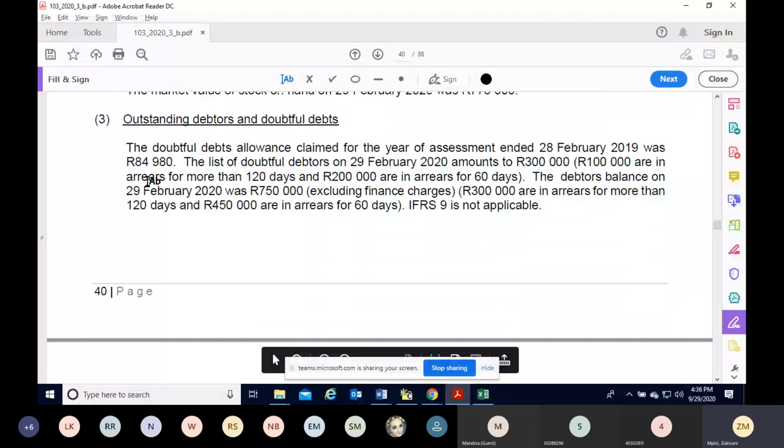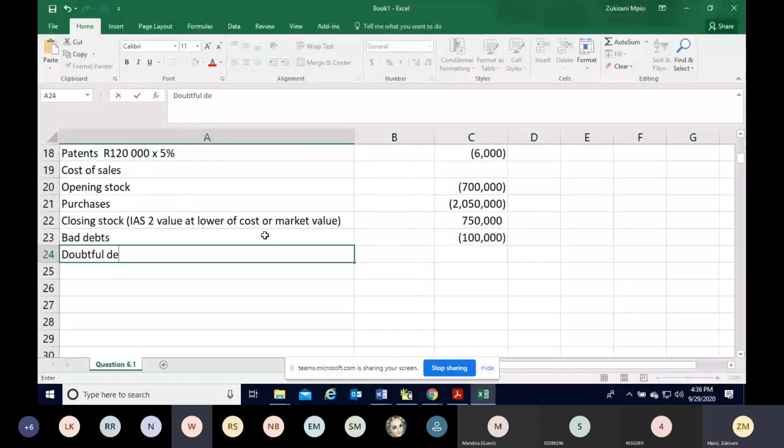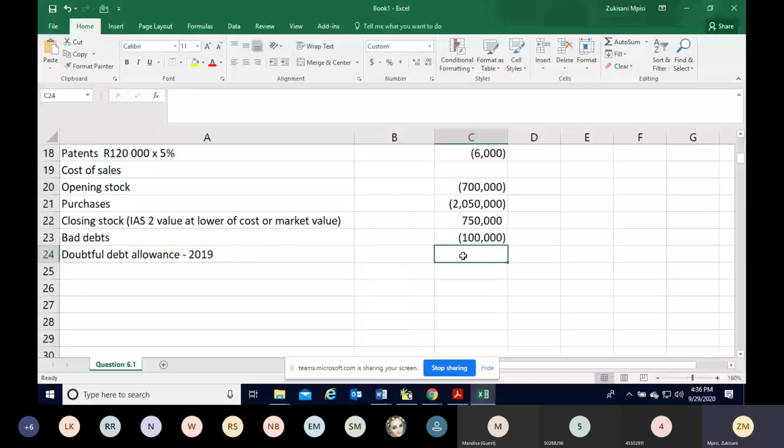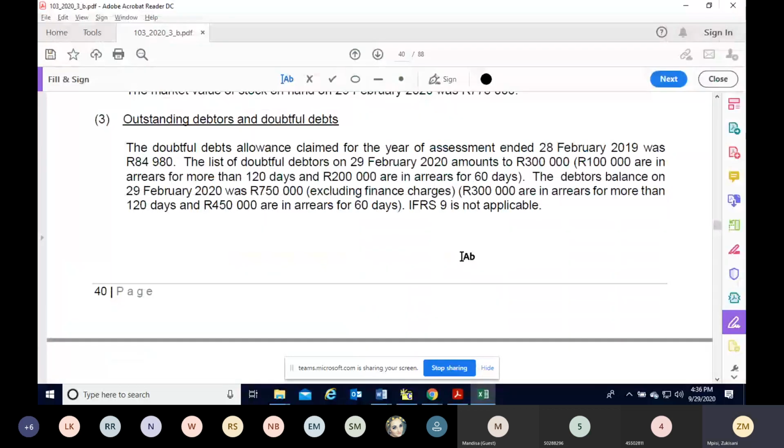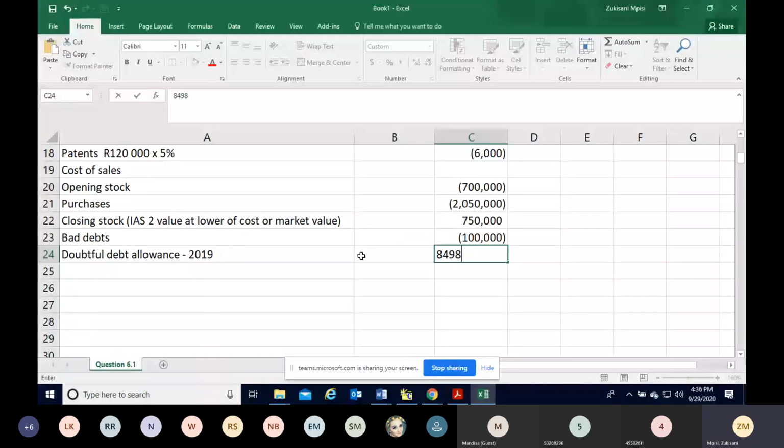We have to add it back. So for 2019, we have to add it back. It's how much? 84,980. The reason why I'm trying to be that fast is because I want us to learn all the allowances.